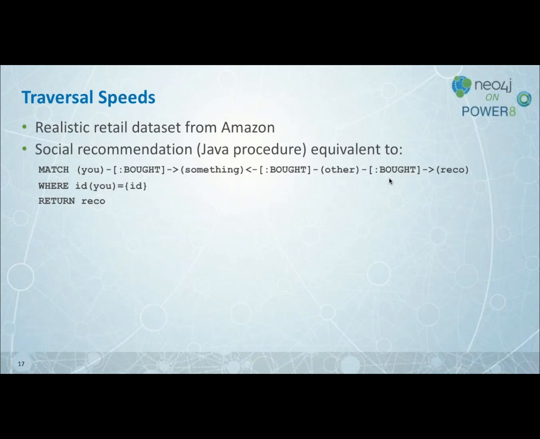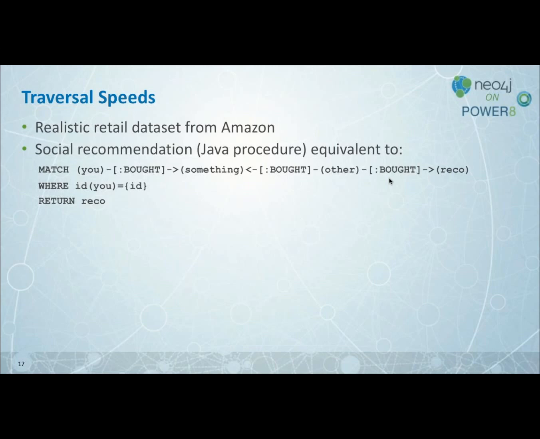So we got this realistic retail data set from Amazon with hundreds of thousands of products from a public data set, and ran a social recommendation, and this is actually expressed in Neo4j's Cypher query language. You can see things or nodes enclosed in parentheses, and then relationships.